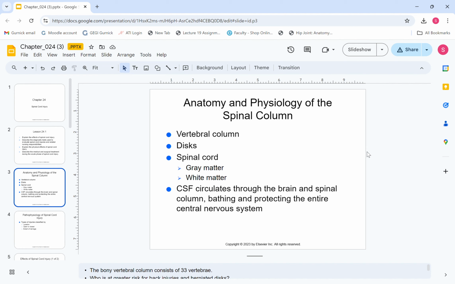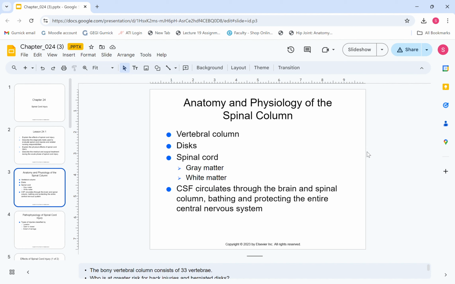Those nerve structures at the bottom of the spinal cord are called the cauda equina. That means in Latin, horse's tail, because they thought those fibers sort of look like the hairs on a horse's tail.